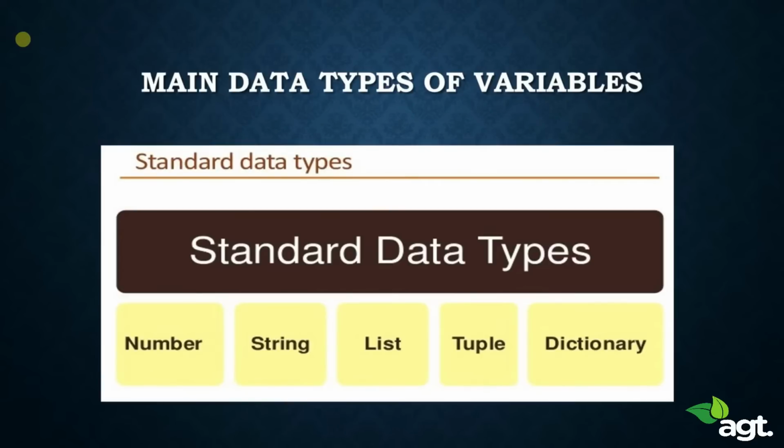These are the 5 main standard data types of Python. Now in our first few sections, we'll be mainly dealing with numbers and strings. We will move on to lists, tuples, and dictionaries later in the course. So for now, we will deal with numbers, that is integers, or strings.